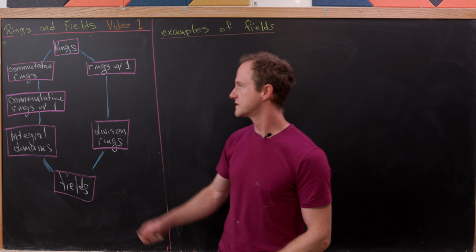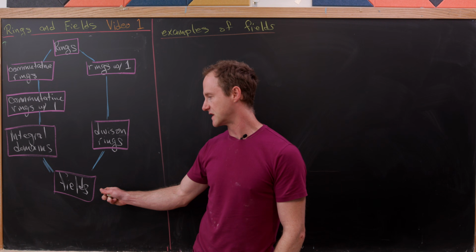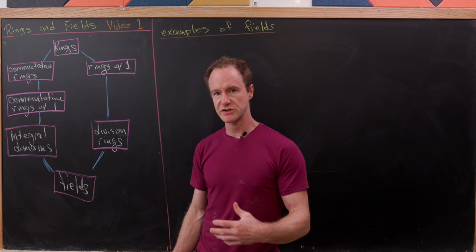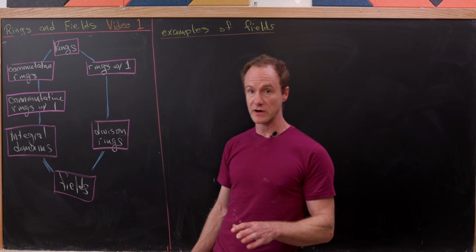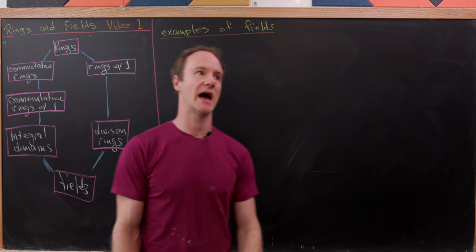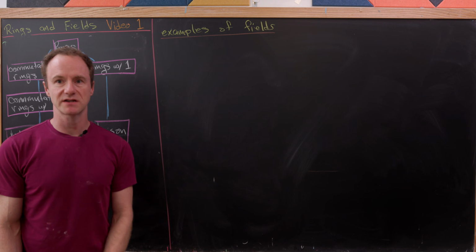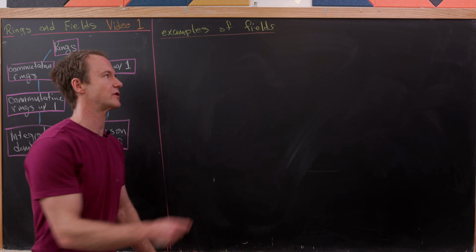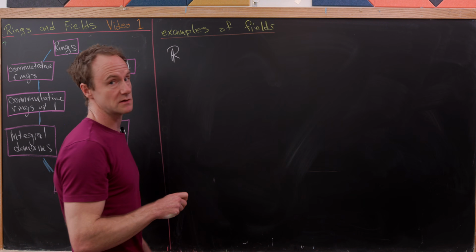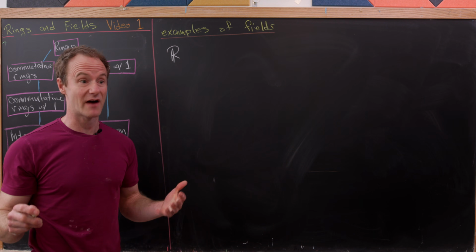So to start understanding this picture, let's start with things with maybe the most structure, these fields. Let's recall a field was a commutative ring with one where every non-zero element had an inverse. So in fact, you're probably most familiar with fields. Let's observe that the real numbers make a field. I think that doesn't really even have to be proven.